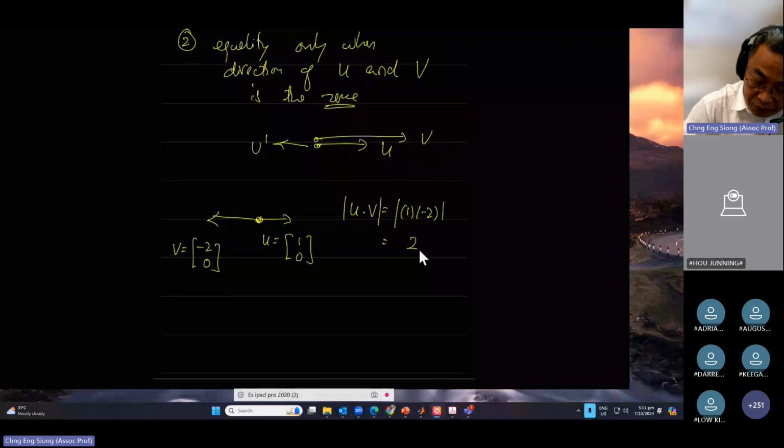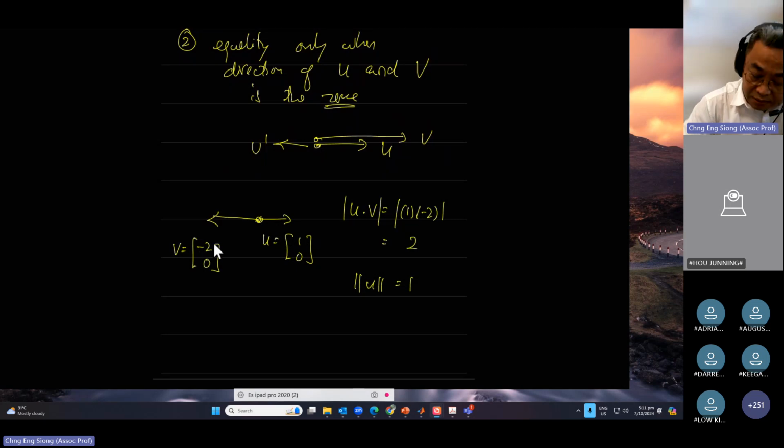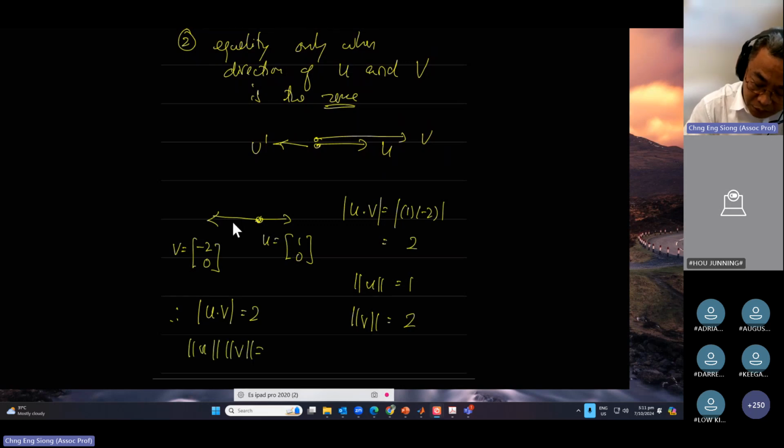The norm of u is 1, because this is 1 squared plus 0 squared, square root, 1. The norm of v: minus 2 squared is 4, 4 plus 0 squared is still 4, square root is 2. So therefore, the absolute value of u dot v is equal to 2. The norm of u times the norm of v is 1 times 2, equals 2.